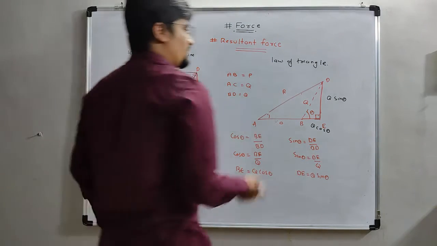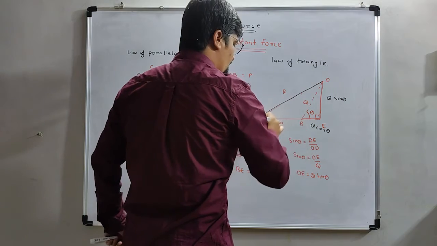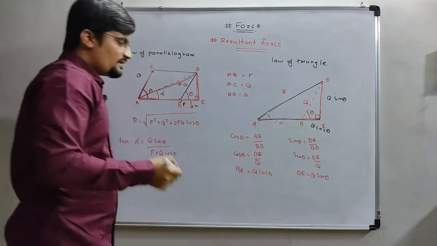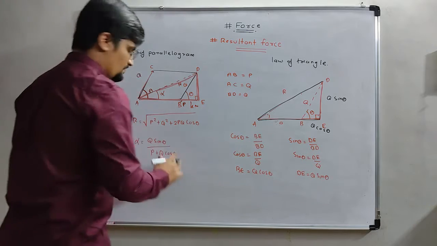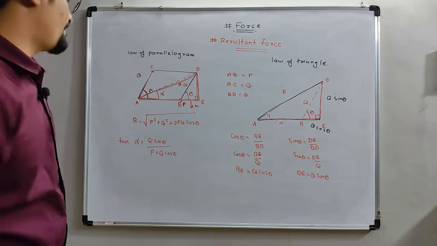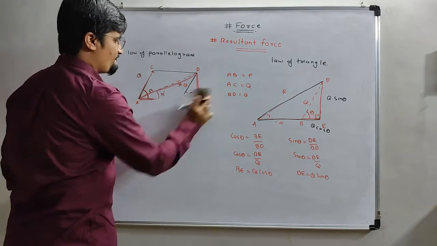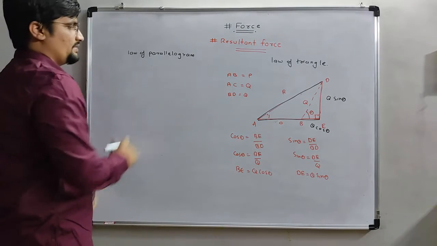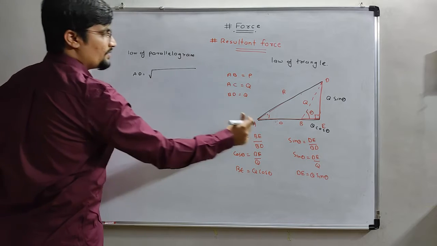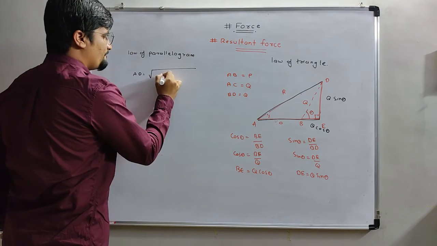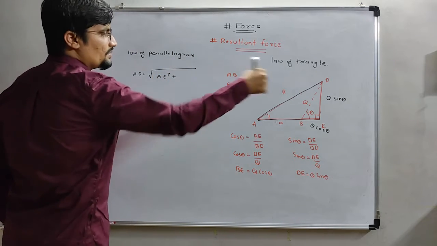Now we need to find the resultant force R. So applying the Pythagoras theorem, AD is equal to under root of AE square plus DE square.